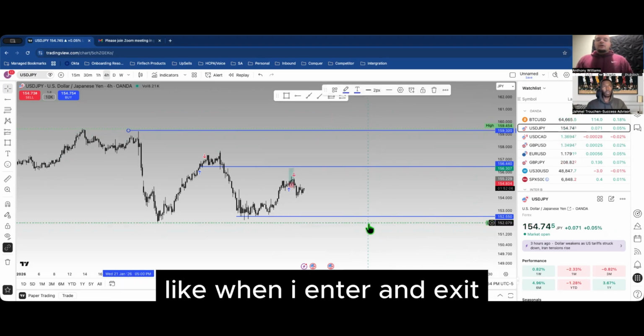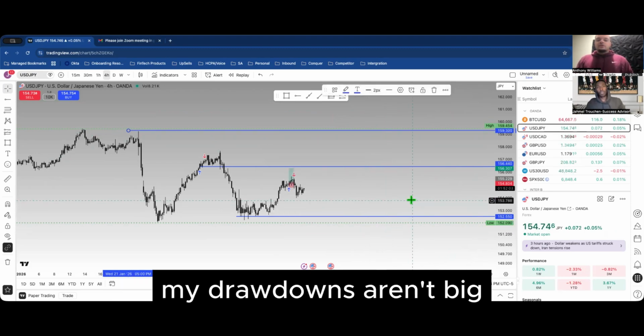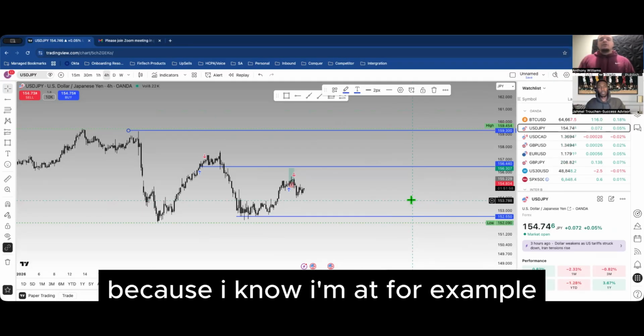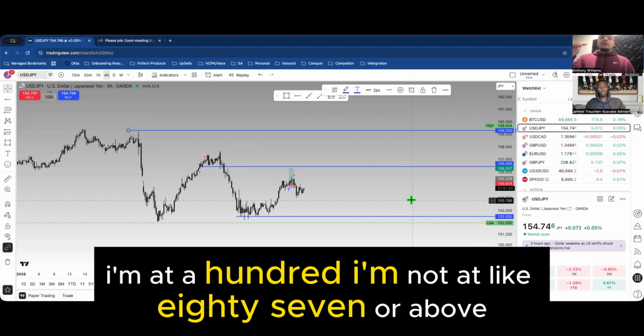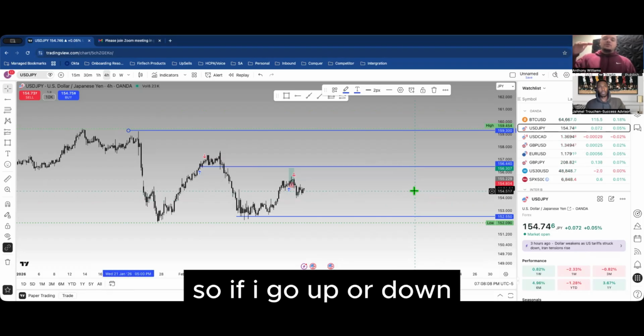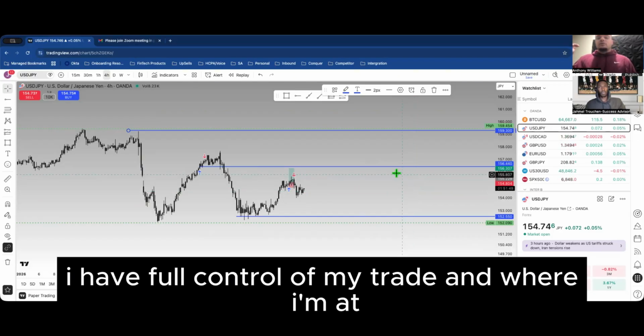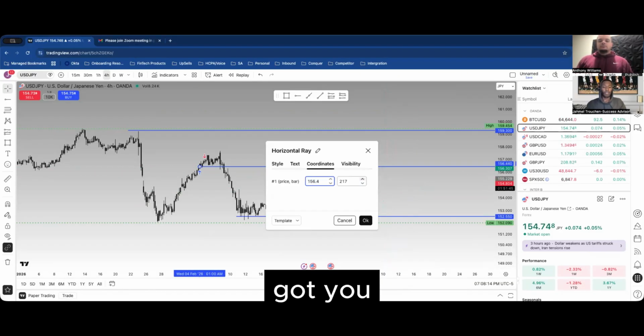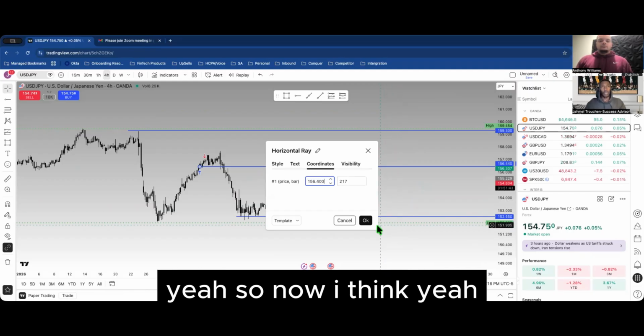When I enter and exit, my drawdowns aren't big, and I'm not anxious about where I'm at in the trade because I know I'm at, for example, 100. I'm not at 87 or 23. I'm at 100. So if I go up or down, I have full control of my trade and where I'm at. Gotcha.